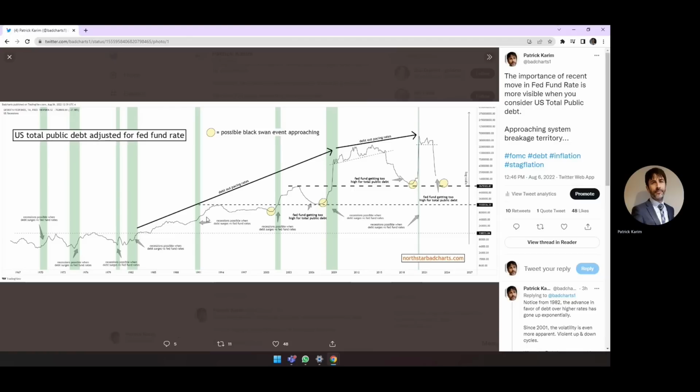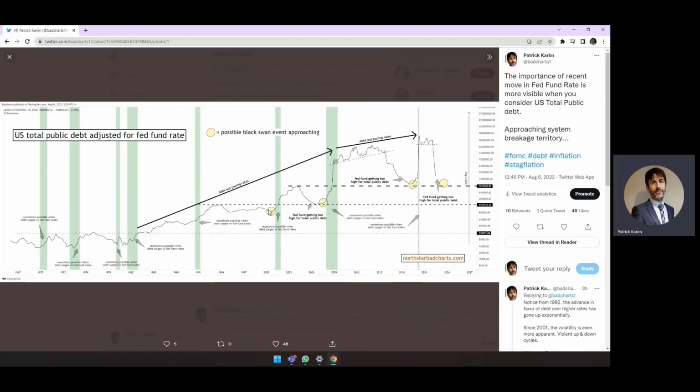And look at here, sometimes you hit some plateaus. And on the way down here, when there's a dip, when the Fed fund rate starts outperforming the public debt, there's a possibility of some type of top in US equities, some type of black swan.